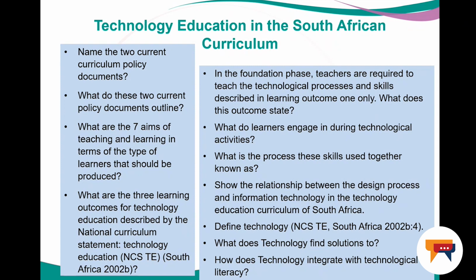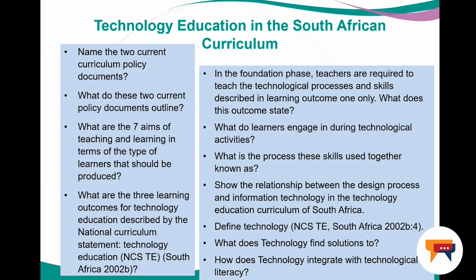And also, why would you use these process skills together? These skills are sometimes known as the design process. You need to understand this design process, especially in terms of problem solving skills, because you will be expected to apply this in the examination and the assignments.